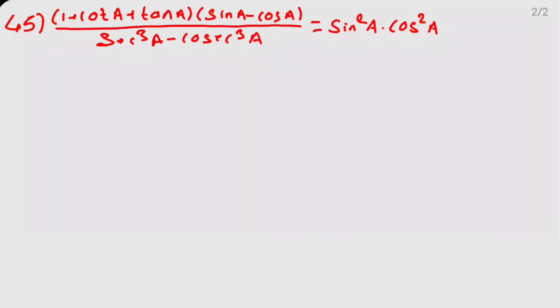1 plus cot A plus tan A into sin A minus cos A divided by sec cube A minus cosec cube A equals sin square A into cos square A. So here using LHS we want to prove RHS. So first write down LHS here.